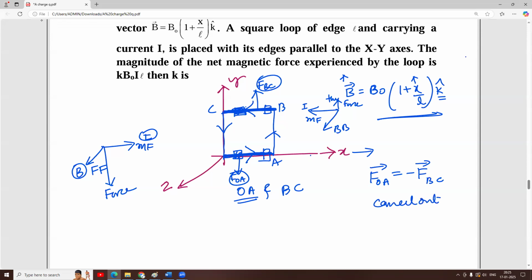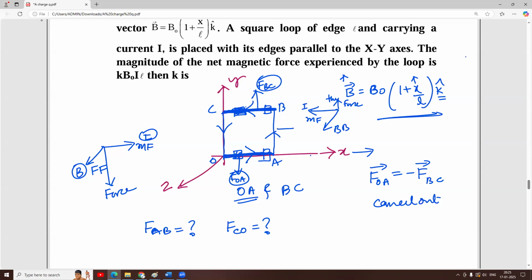Now our question is the magnitude of the net force experienced by the loop. That means what is the remaining force? Remaining force on AB, how much, and force on CO, how much. That's what you have to find out. Of course, they are in opposite directions. You can apply Fleming's left-hand rule to find the direction of force.